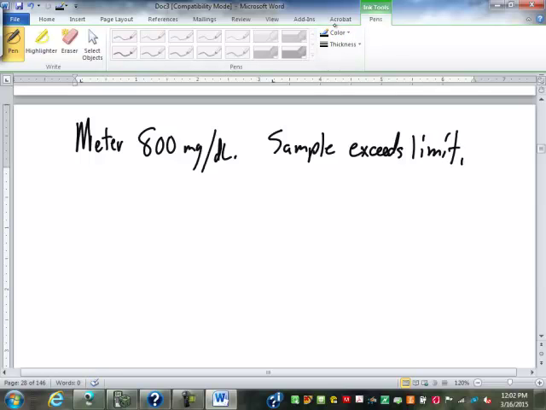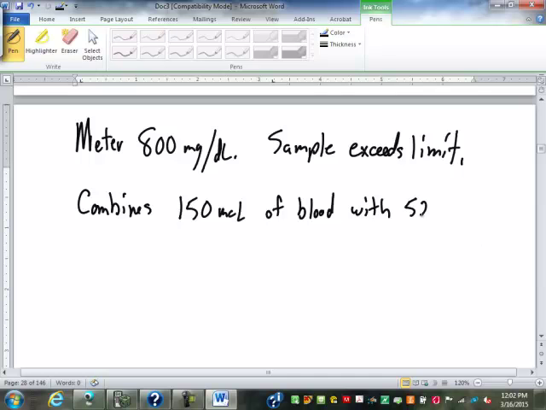So the person doing the test combines 150 microliters of blood with 525 microliters of sterile water.